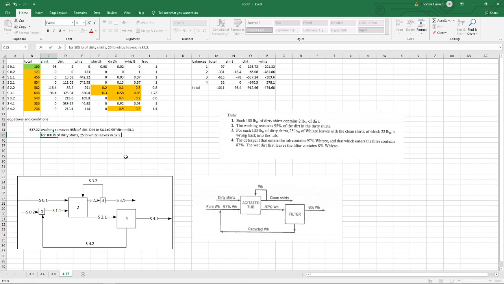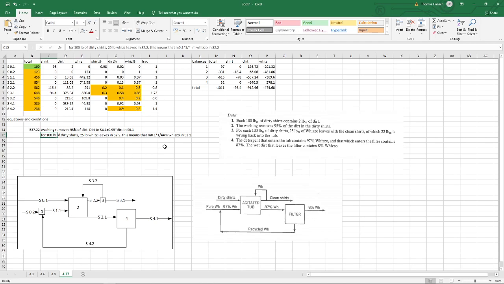How can I put that as an equation? This means that if I take the mass of my stream 0.1 times a quarter, it should be equal to the mass of Wizzo in stream 2.2.